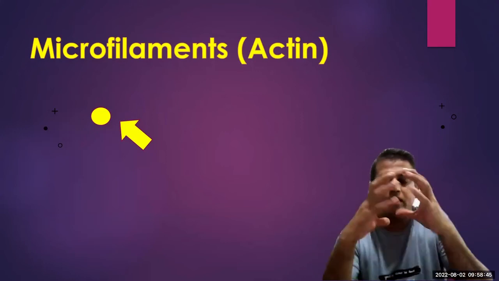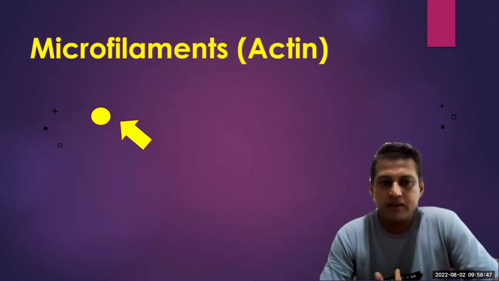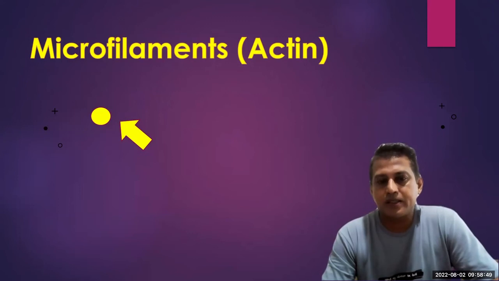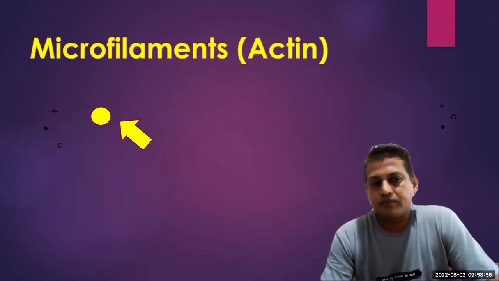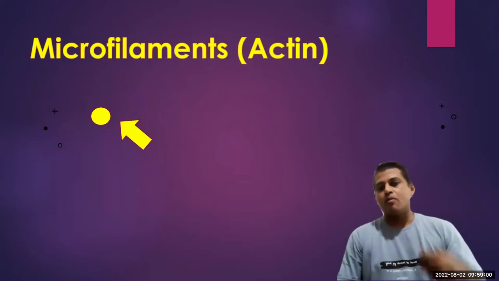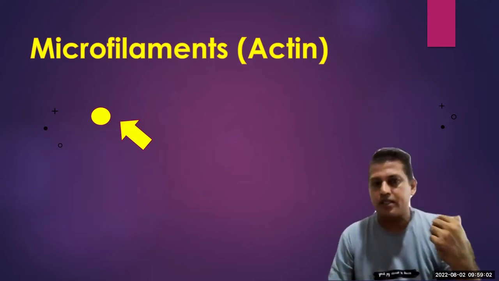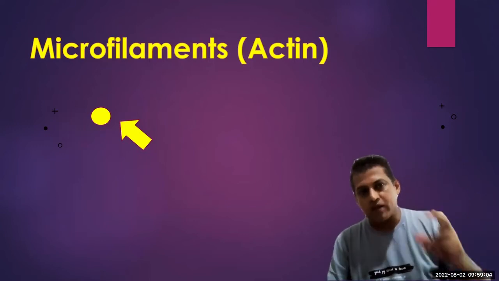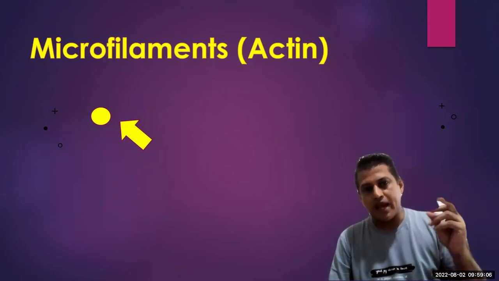You can see again the yellow color, round shaped structure. This is a protein called actin. The name of the protein is actin. Microtubules, the protein is tubulin. Microfilaments, the protein is actin.